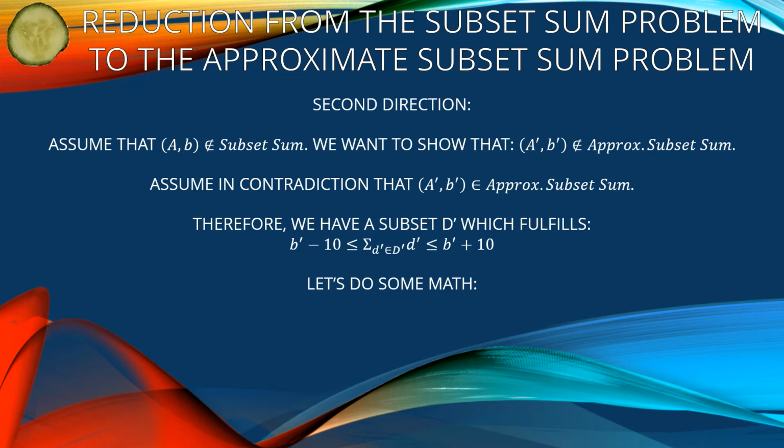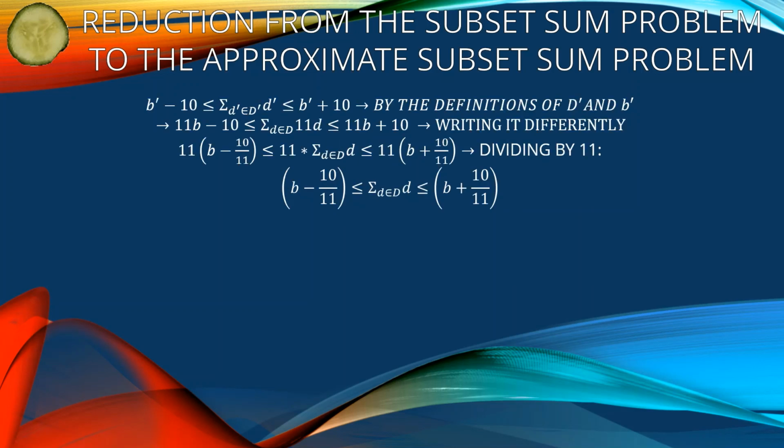Therefore, we have a subset D prime which fulfills b prime minus 10 lesser or equal to sigma d prime in D prime lesser or equal to b prime plus 10. That's by the definition of D prime and b prime.